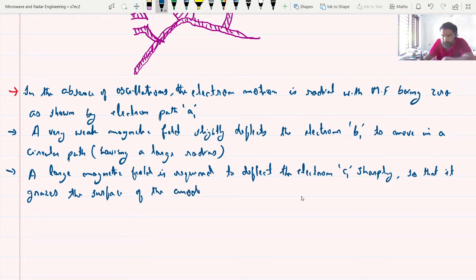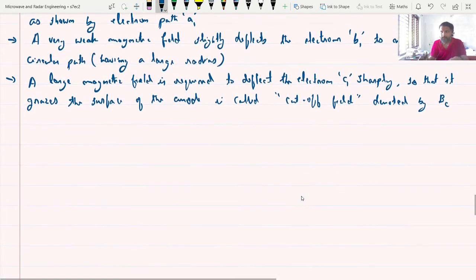Clear? And this is called the cutoff field, which I denote by BC.